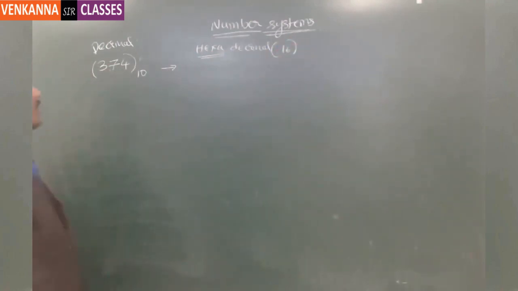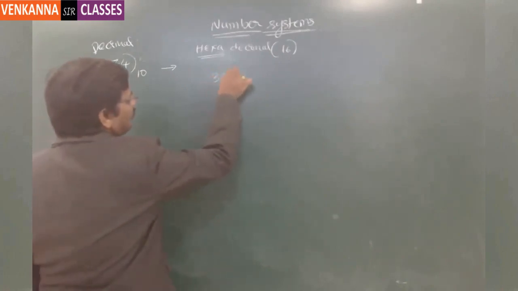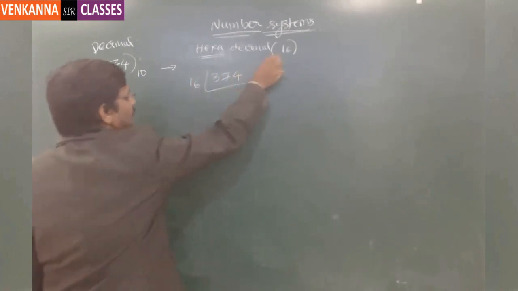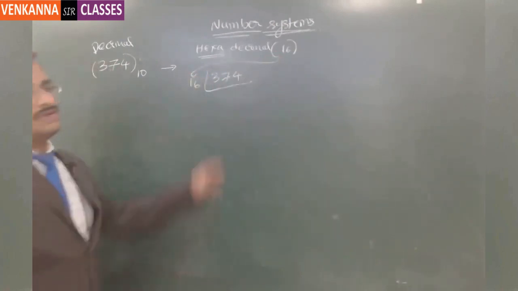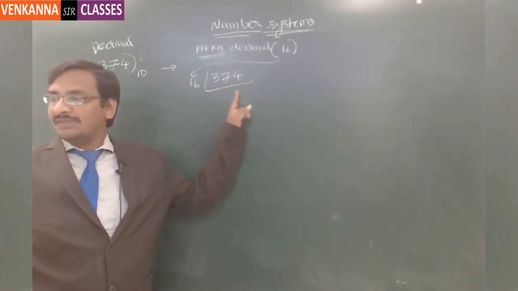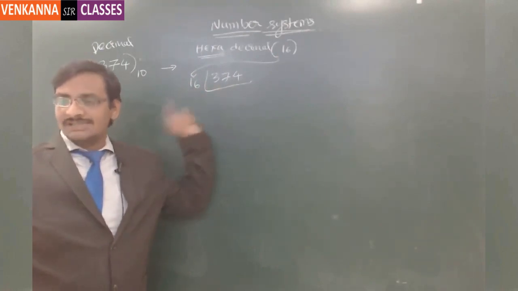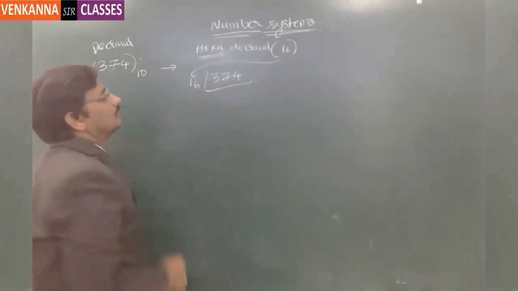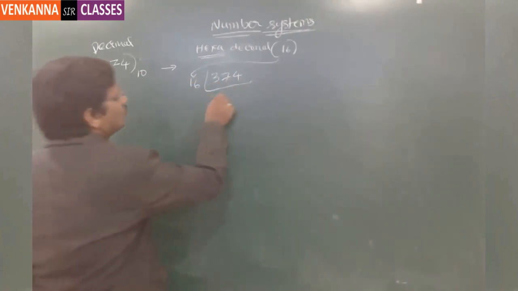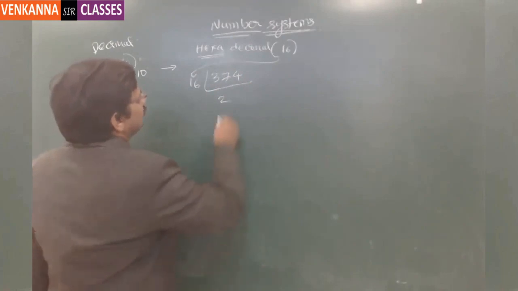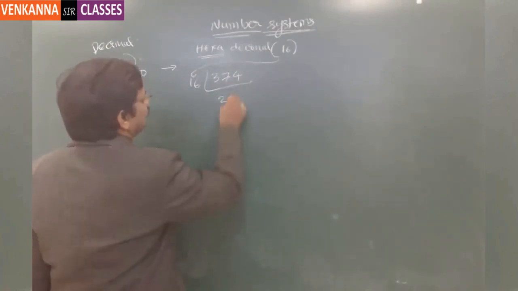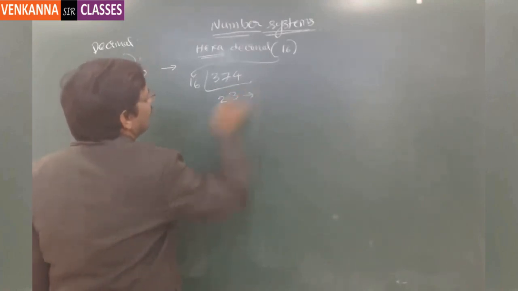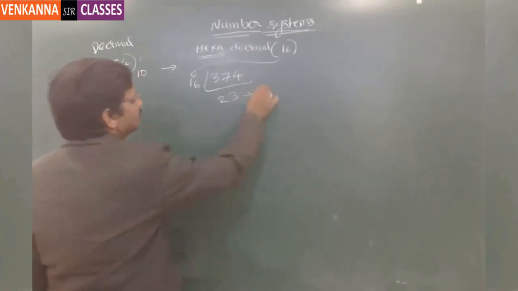And to convert to base 16, you divide this 374 by 16, which is the base. With this 16, if you divide it, it is going to leave a remainder which is always lesser than 16. Now what will be the remainder for 374 by 16? So this is 23 times, and then it will leave a remainder of 6.